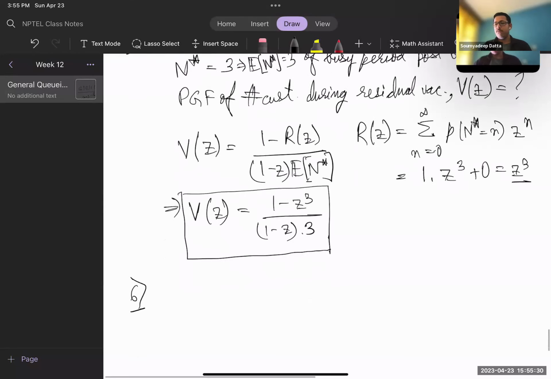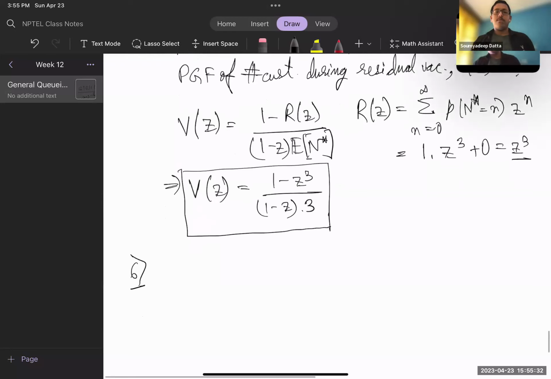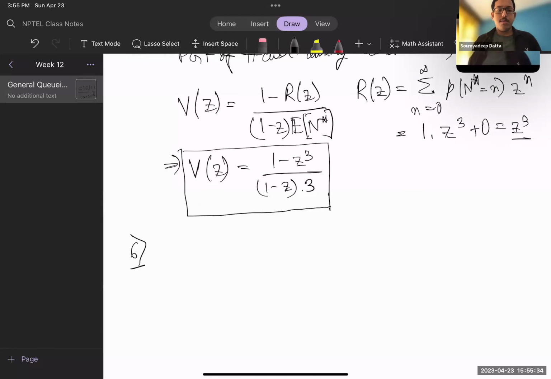So let's say now final kind of question, and this is based on, again, M/G/1 queues with vacations.